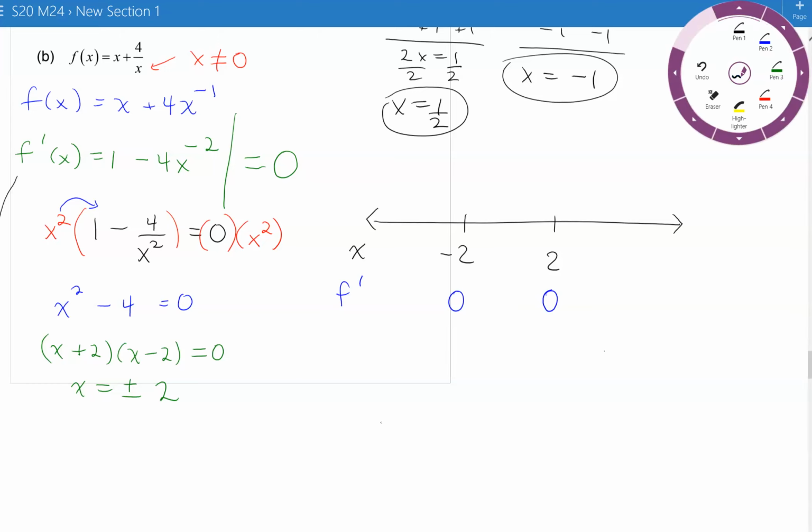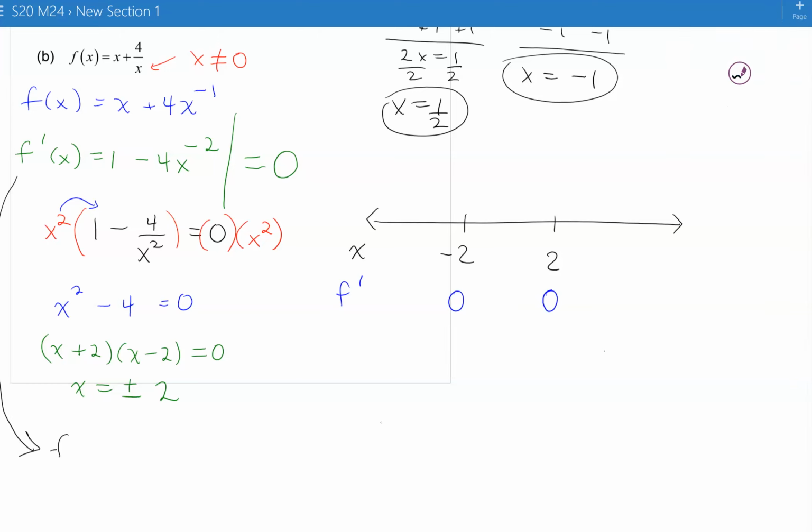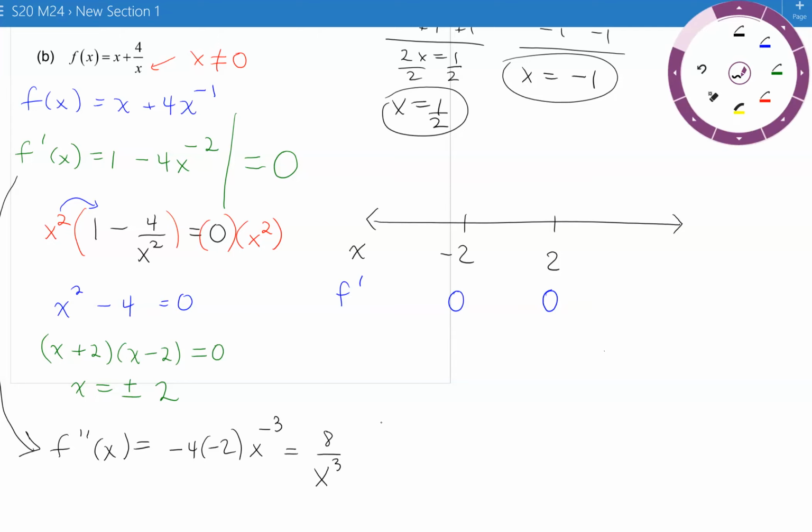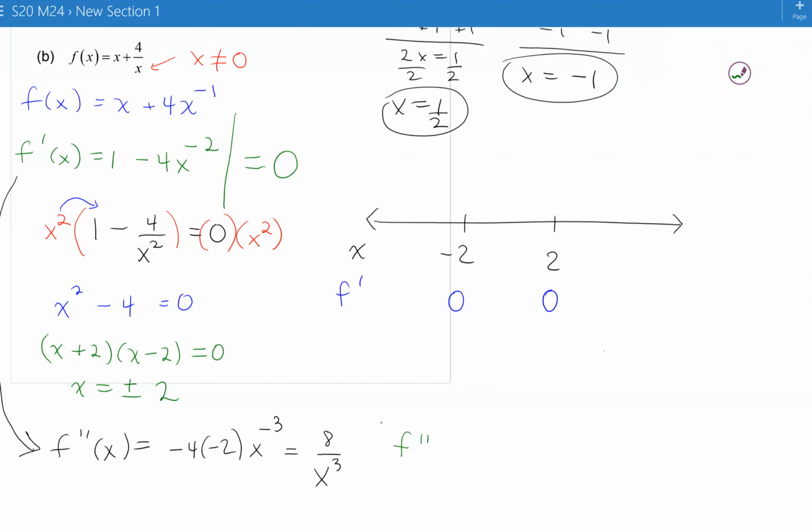Okay, now let's do our second derivative. The derivative of the 1 is 0. Then I'm going to have -4 times -2 x to the -3. So I'm going to have 8 over x cubed. So now I want to check and see what f double prime of -2 is.